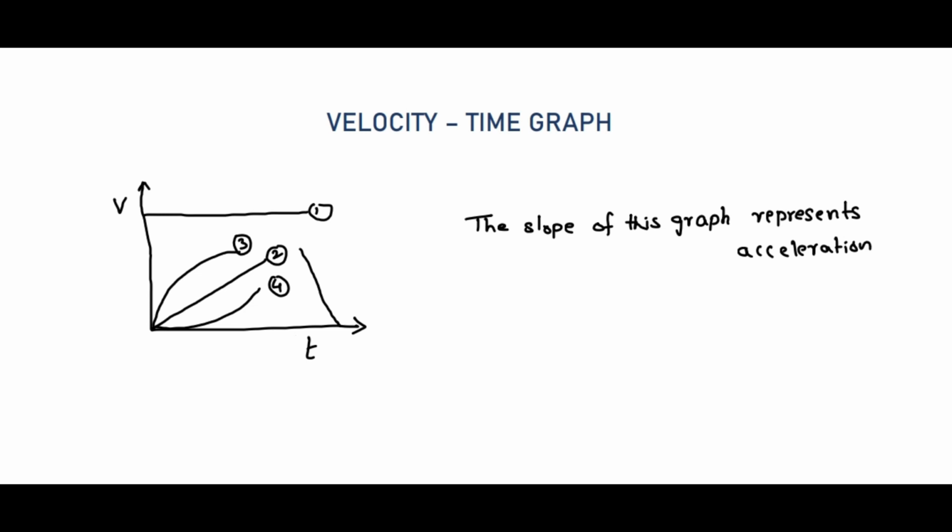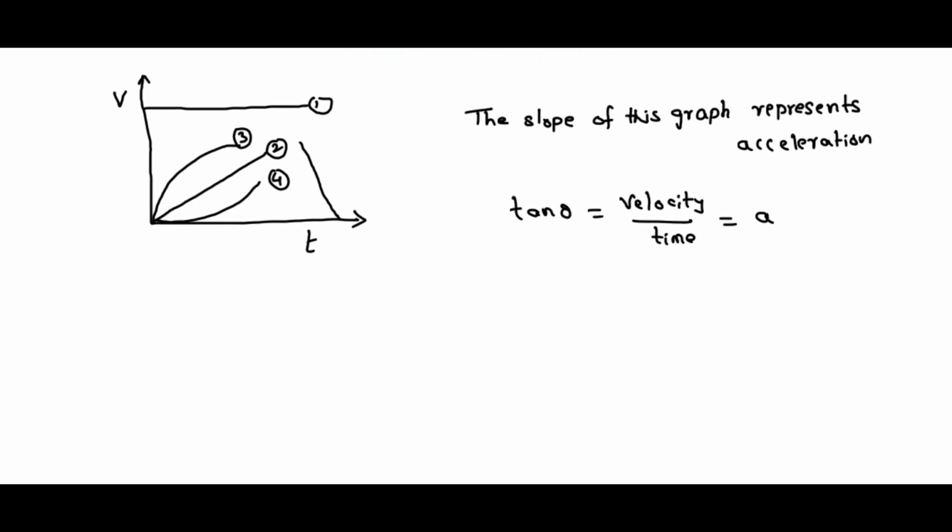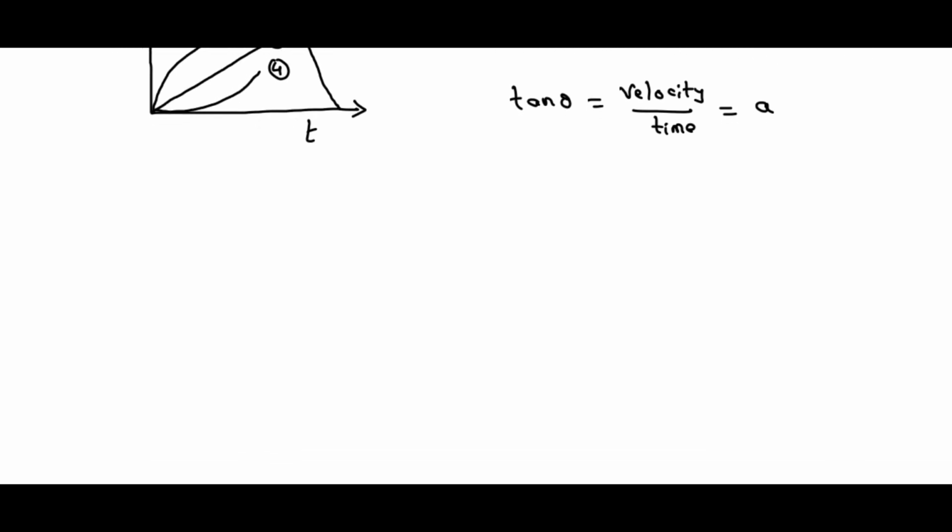Mathematically, we can write tan theta is equal to velocity divided by time taken. This one will give us acceleration. In detail, we'll discuss each and every graph, subgraph.